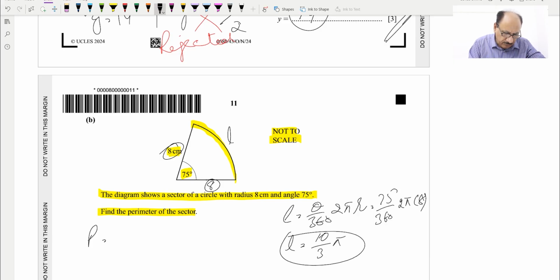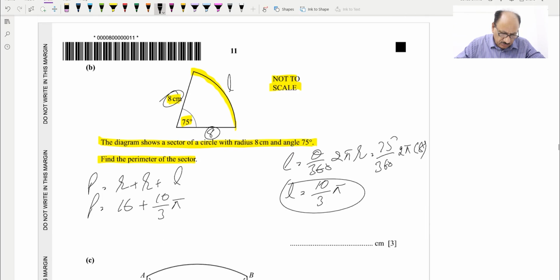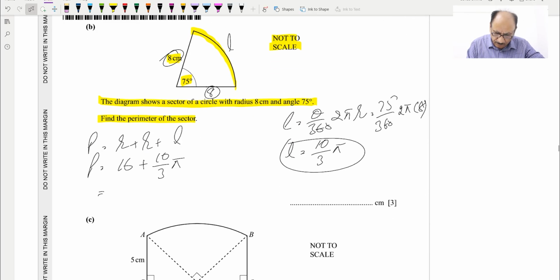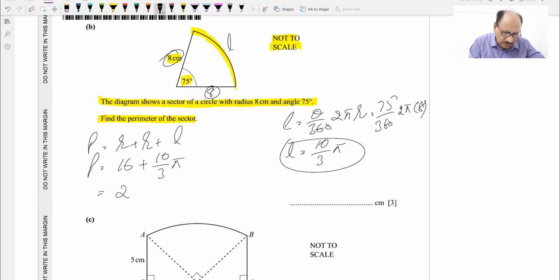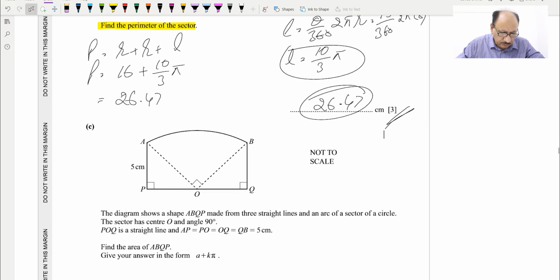We will use perimeter is equal to r plus r plus L, so 8 plus 8 will be 16, plus 10 over 3 pi, which is the L value, and this will be equal to 26.47. So 26.47 will be the answer in centimeters for 3 marks.